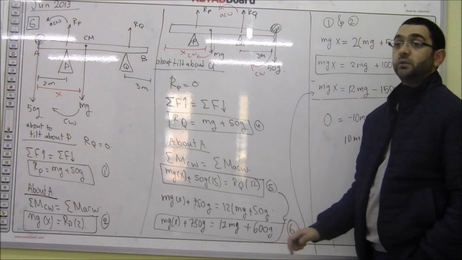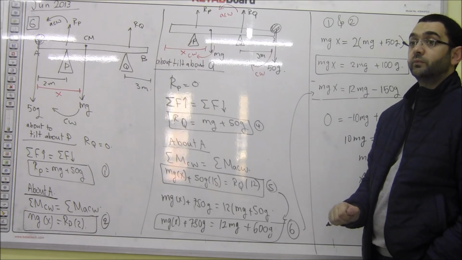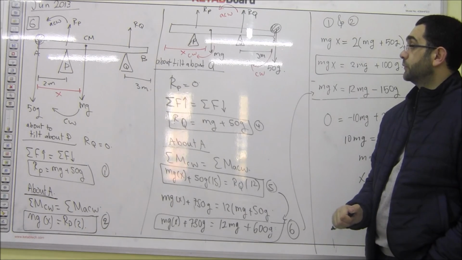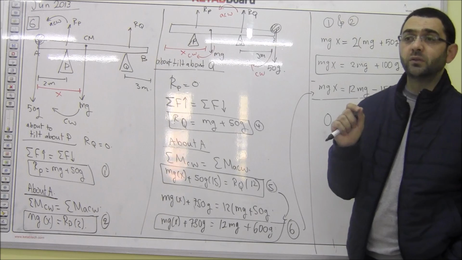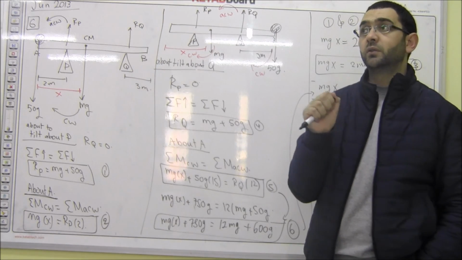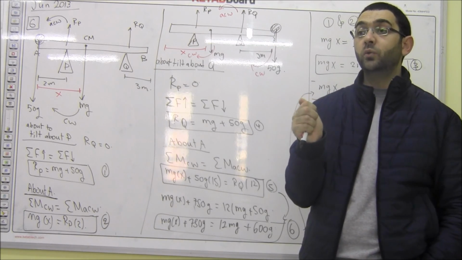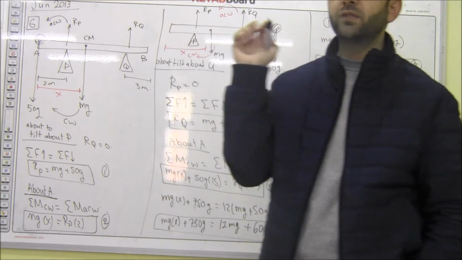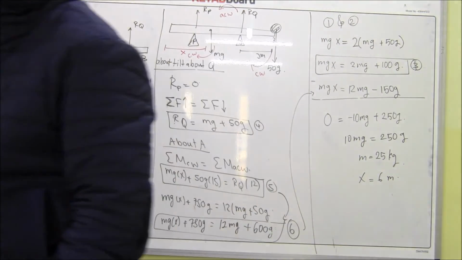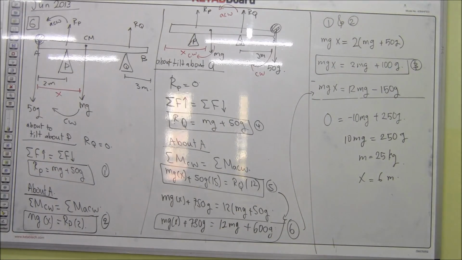Professor, aren't the values going to be different if it was about Q? No, what do you mean by values? Clockwise, how do we substitute? Similar. Well, actually you have to know something. This is an equilibrium. It does not rotate either clockwise or anti-clockwise. This is only for the matter of calculation.